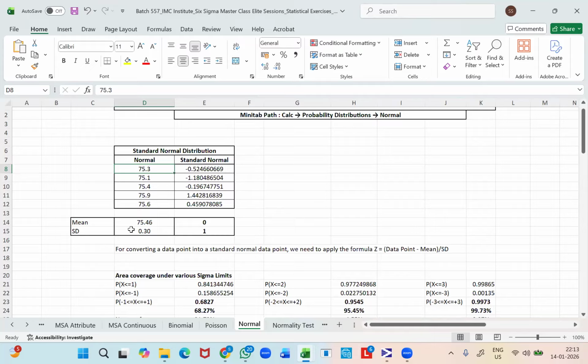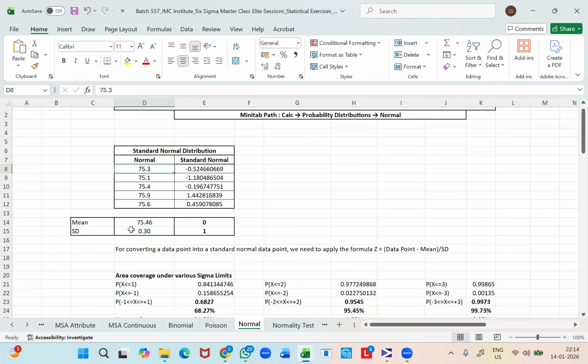So what we need to do here is find the standardized values. For a given accuracy percentage value, we need to find the equivalent standardized value. For that, we'll use the standardization formula: data point minus mean divided by standard deviation.